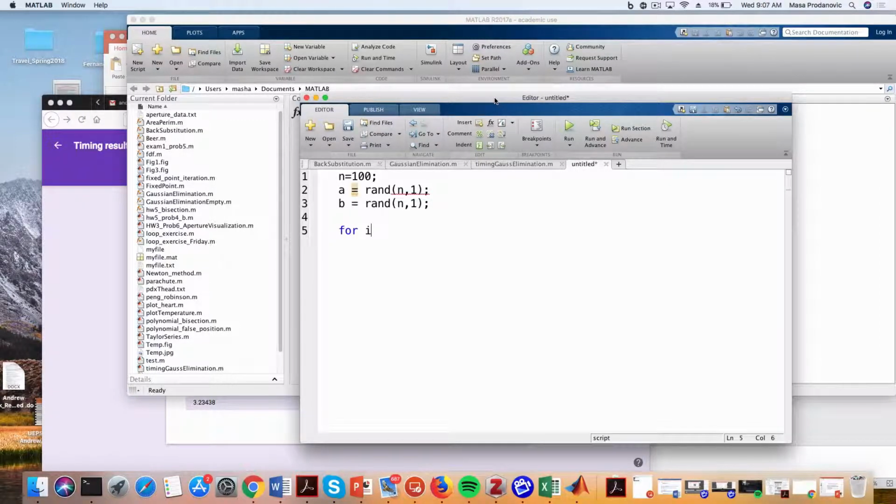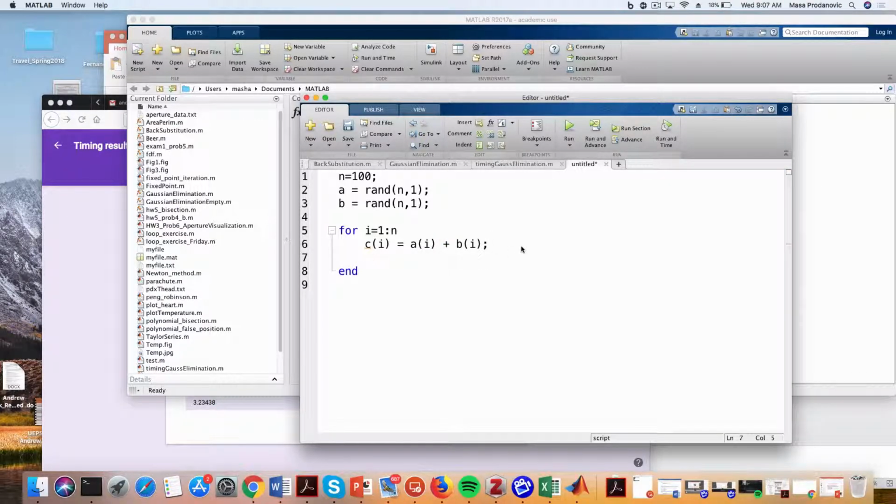If I do something like this, how many operations do I do here? I have an operation of addition. How many do I do? 100. If this n goes to 1,000, 10,000, a million, that scales to 1,000, 10,000, a million.